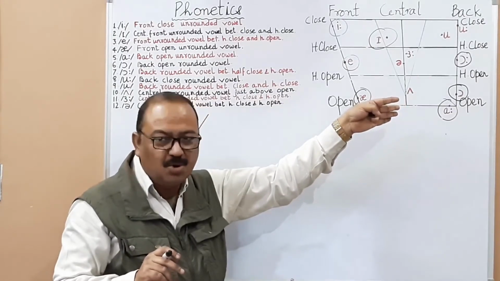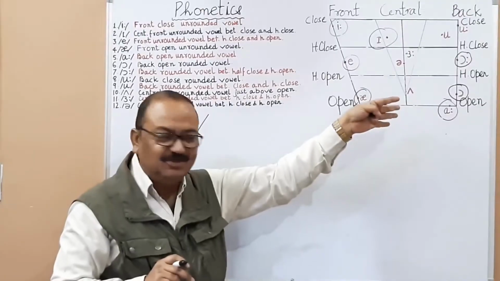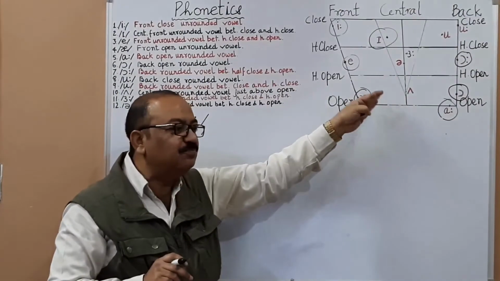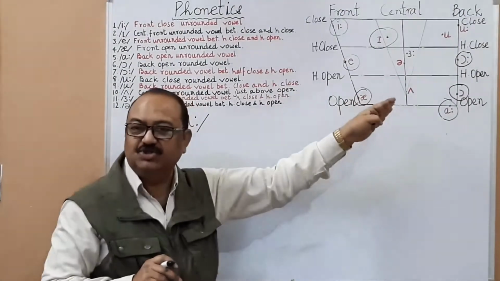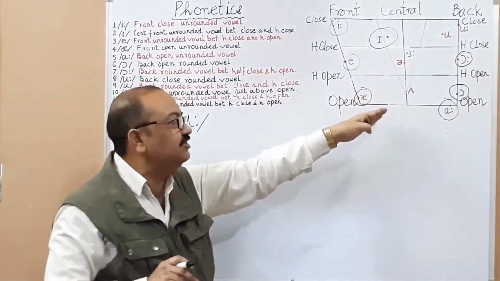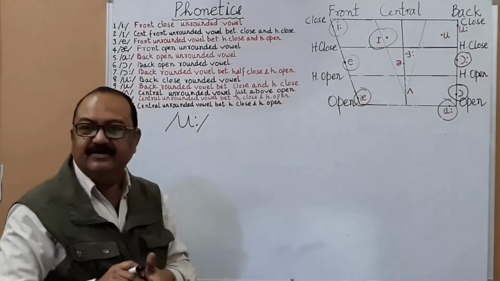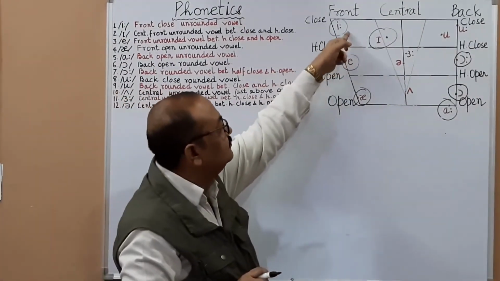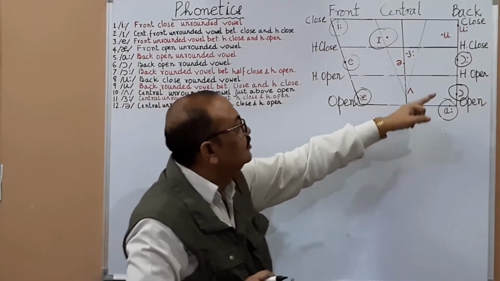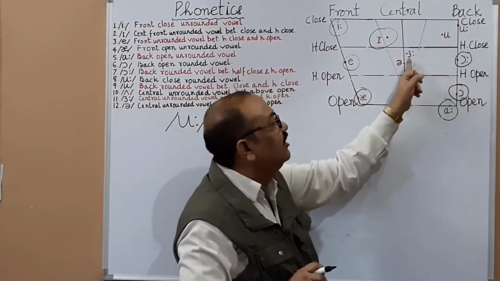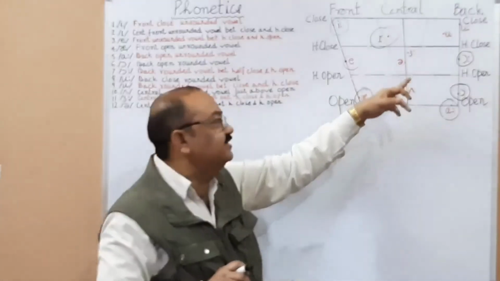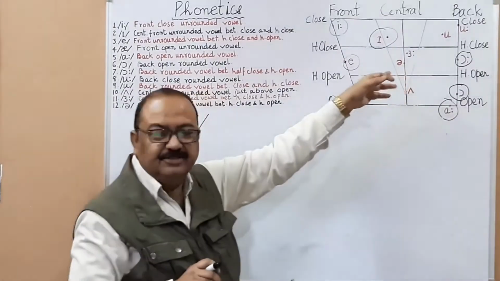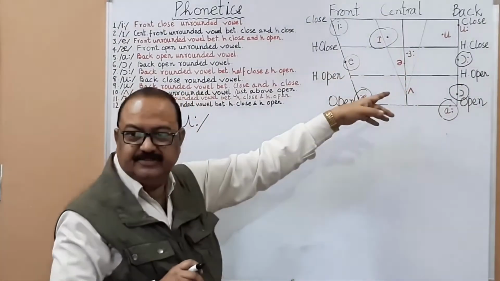Five. There are 5 vowels which are prolonged vowels, and 7 are short vowels. What are those 5? 1, 2, 3, 4, and 5. Okay, that's the certain vowel I think you missed. So there are 5 prolonged vowels.